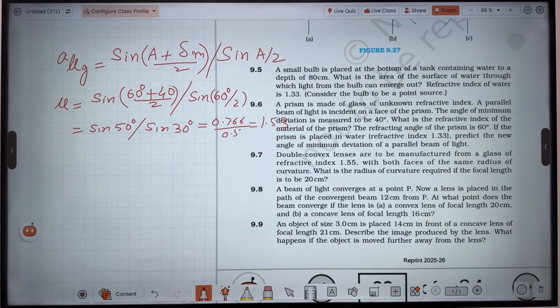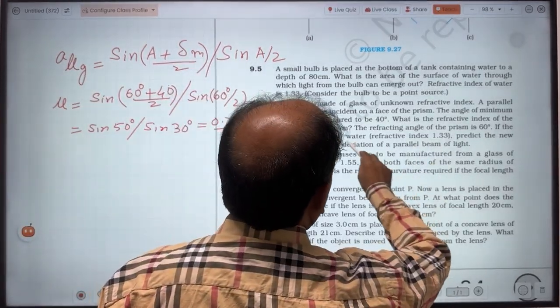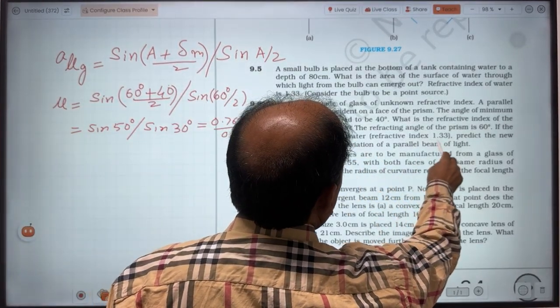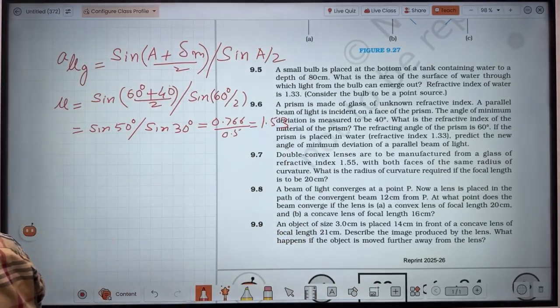Now it is given that if the prism is placed in water whose refractive index is 1.33, in that case what will be the new angle of deviation?